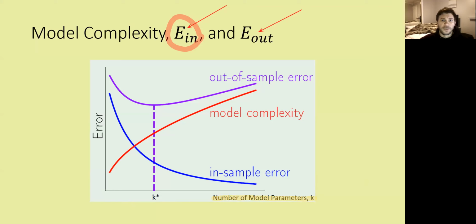So we can think in this diagram here of increasing the x-axis value, the number of model parameters. As we increase that, that is really a measure of how complicated the model is. The more parameters there are, the more variables the computer needs to solve for when it is solving that cost minimization problem. So in this diagram here, we've illustrated that the number of model parameters increases with complexity along this red locus, this red function that we've drawn here.